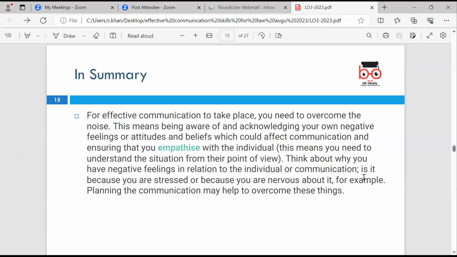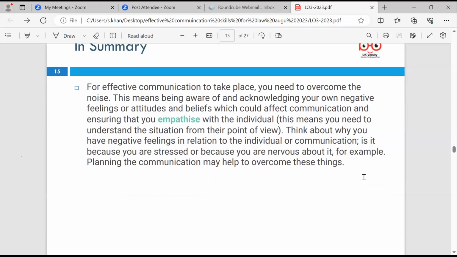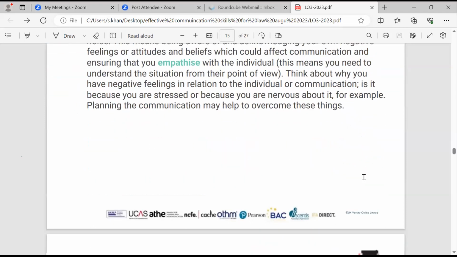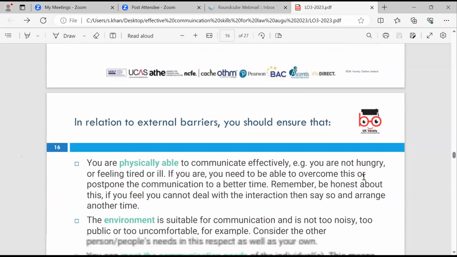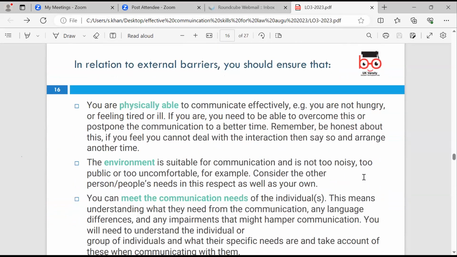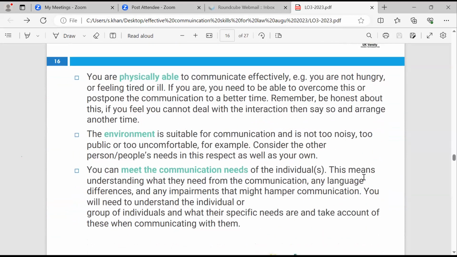This means you need to understand the situation from their point of view. Think about why you have negative feelings in relation to the individual or communication. Is it because you are stressed or because you are nervous about it? For example, planning the communication may help to overcome these things. In relation to external barriers, you should ensure that you are physically able to communicate effectively.